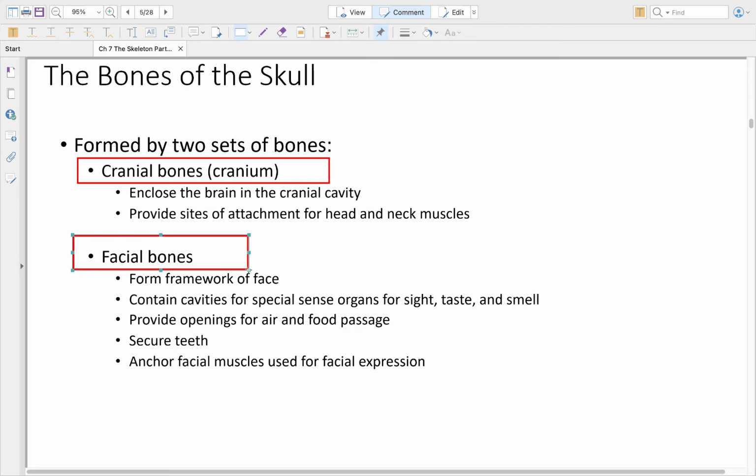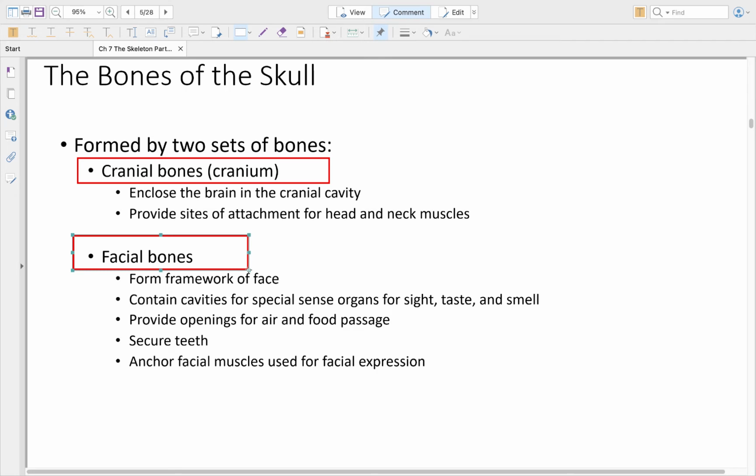Very important. And then, of course, your facial bones. They form the framework of your face. They have special sensory organs, such as your tongue, for example. Your sense of smell is going to be found in this region, of course, and then of course your eyeballs.